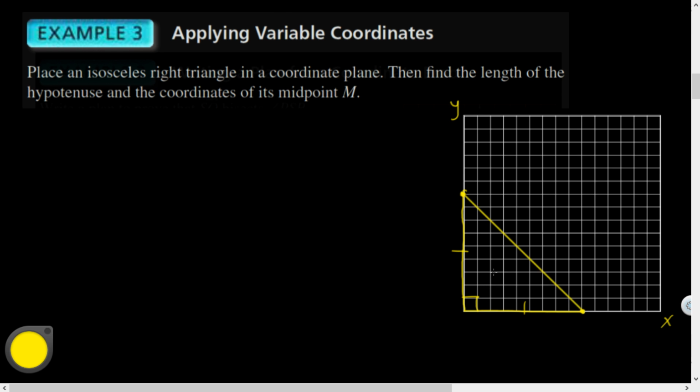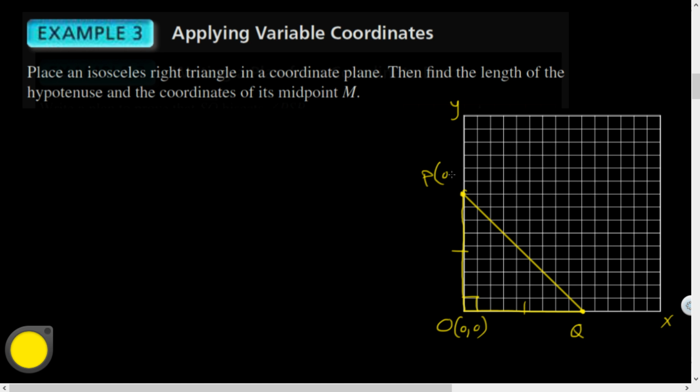And now if I want this to apply to all possible right triangles, I want their points to be generically labeled. Okay? So we could call this O, and this P and Q. You could come up with better names. O happens to be the point (0, 0).